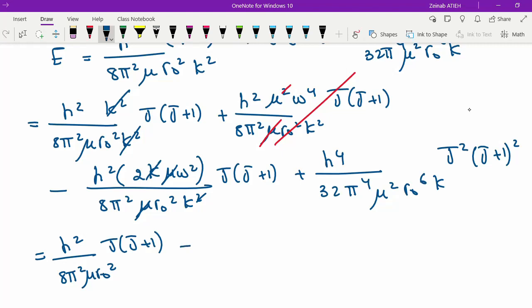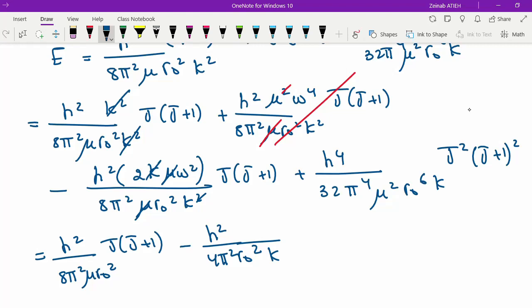Okay, minus, let's get rid here of 2 over 4 pi squared R0 squared. We are left with K down. So omega squared shall be substituted with J squared over I squared.